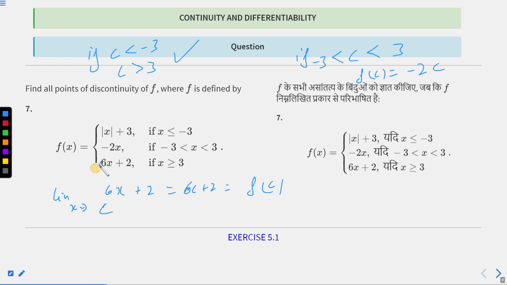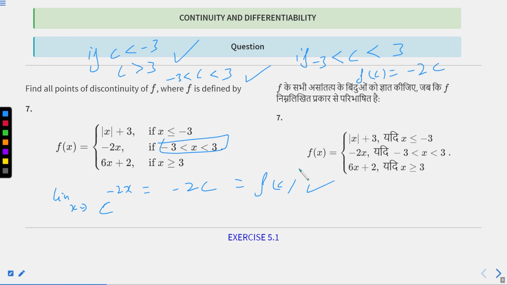If x is in between this, then f of x, which means f of c, will be minus 2c. Now what about the limit? If c is in between them, the limit will be minus 2x, which means minus 2c, which is equal to f of c. So if c is in between minus 3 and 3, it is also going to be continuous.